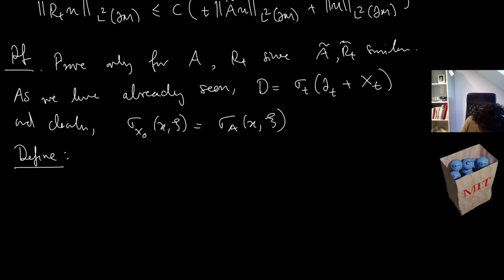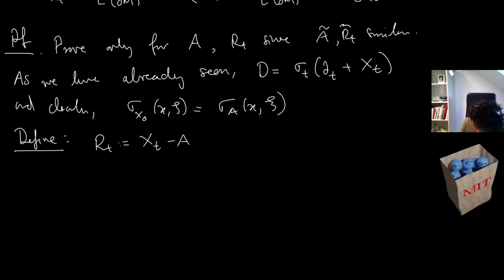Okay, so you define R_t as simply being equal to X_t minus this operator A. That gives us that R_0 is of order 0 because they both have the same principal symbol. So at 0, the principal symbols cancel out, so it's an order 0 operator.